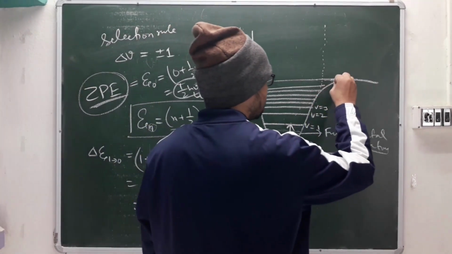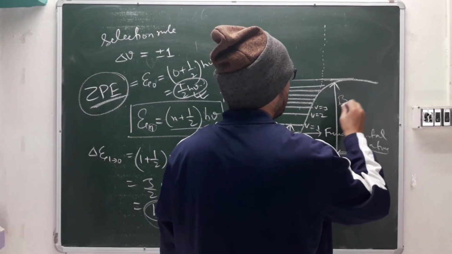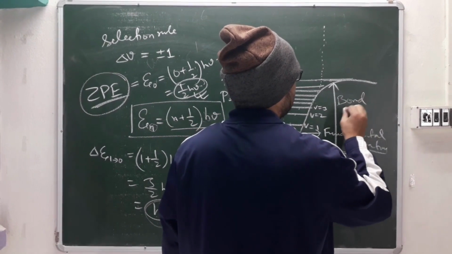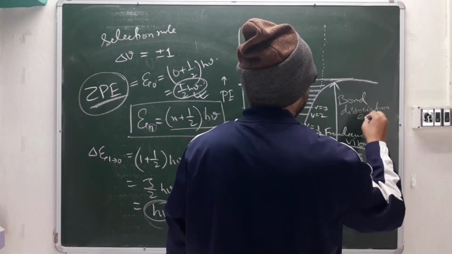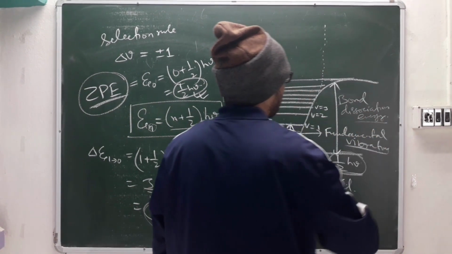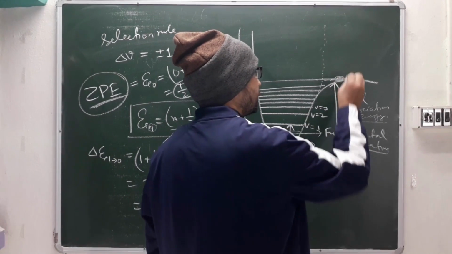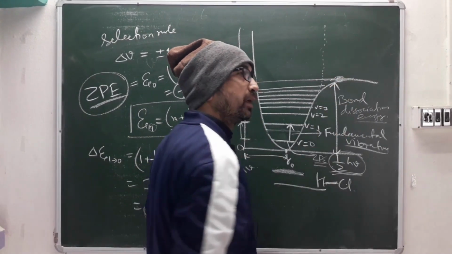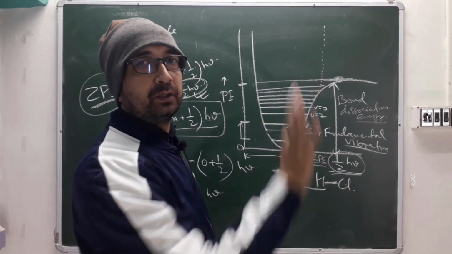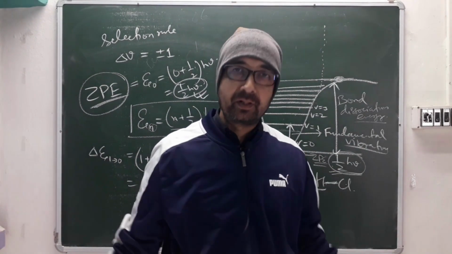So this much energy we call the bond dissociation energy. This point is the bond dissociation energy, because if you put in this much energy, this bond won't be stable. It will just dissociate, and the hydrogen and chlorine will be separated out, correct?